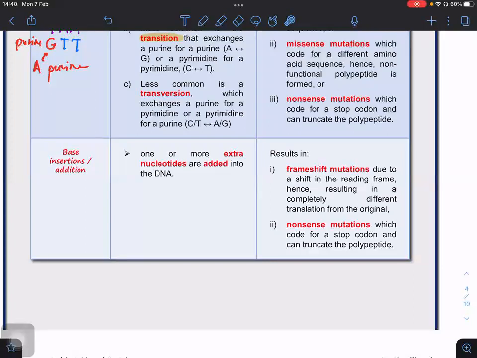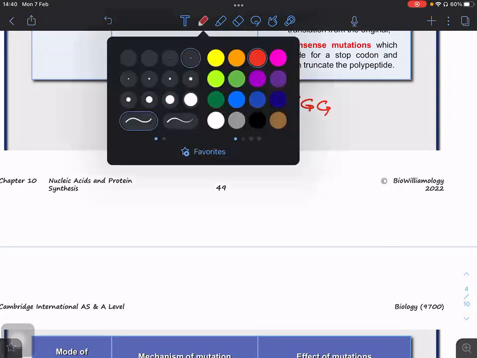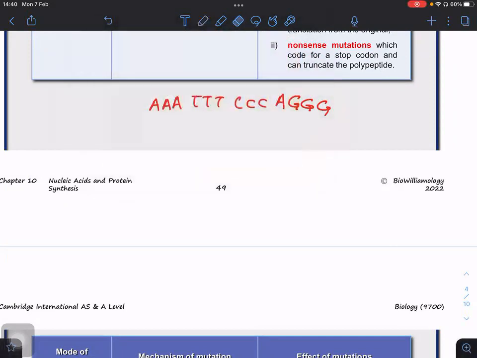Okay, so now look at this. When we have the sequence AAA, TTT, CCC, GGG, if we add another A here, the reading frame becomes AAA, ATT, TCC, CGG.